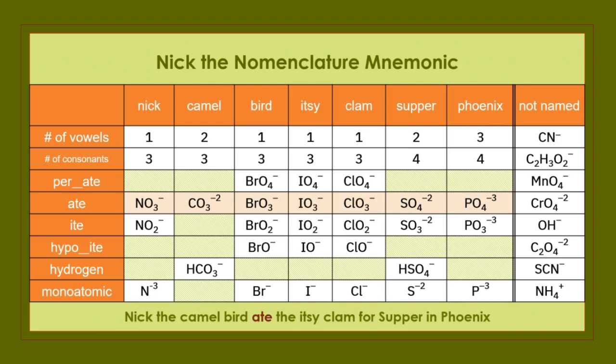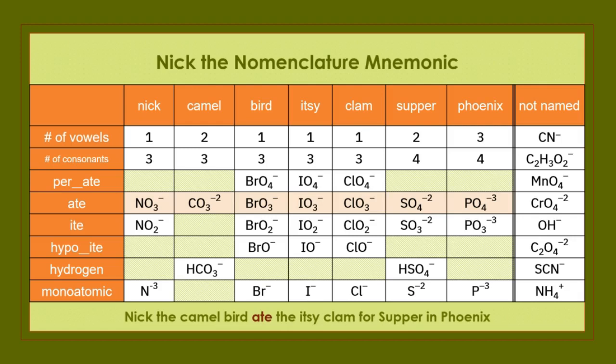And at the top of this chart, we have a list of the words. Underneath them is the number of vowels and the number of consonants. And then we have some formulas. Now, the row in the light orange there is the one that contains the formulas that are given directly by the mnemonic: nitrate, carbonate, bromate, iodate, chlorate, sulfate, and phosphate.